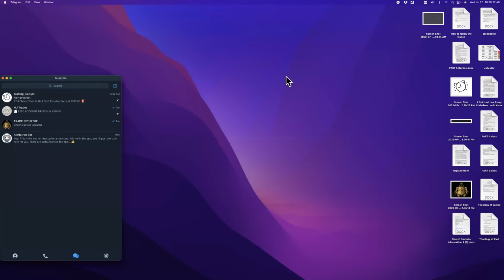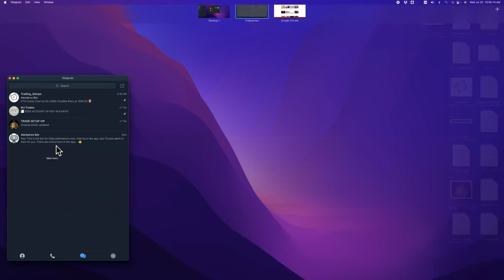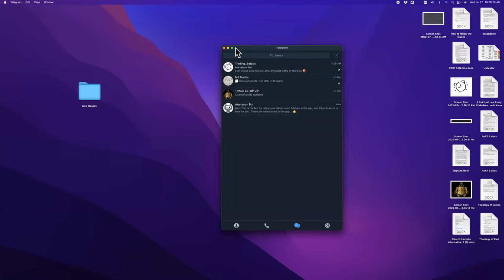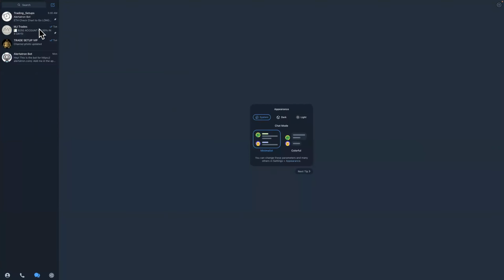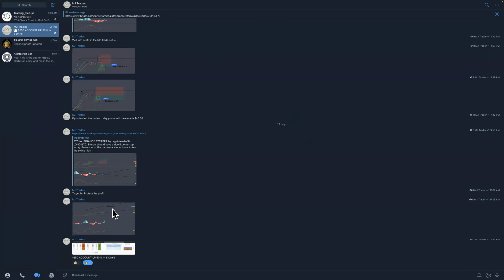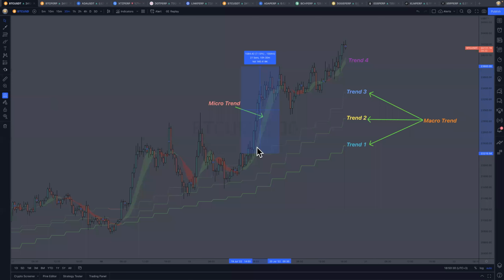Let me pull that up. You can see that last trade right here, and we made right at 5% yesterday off of this trend line.